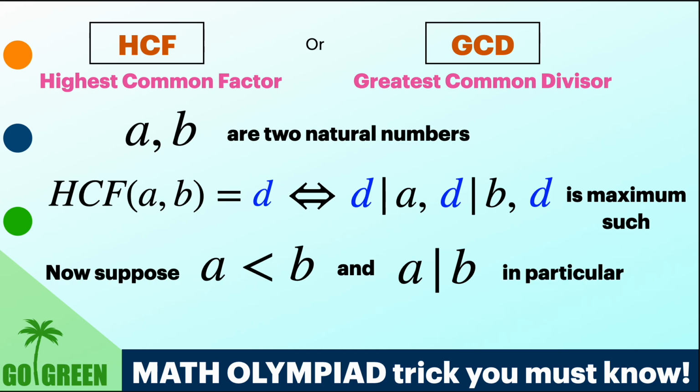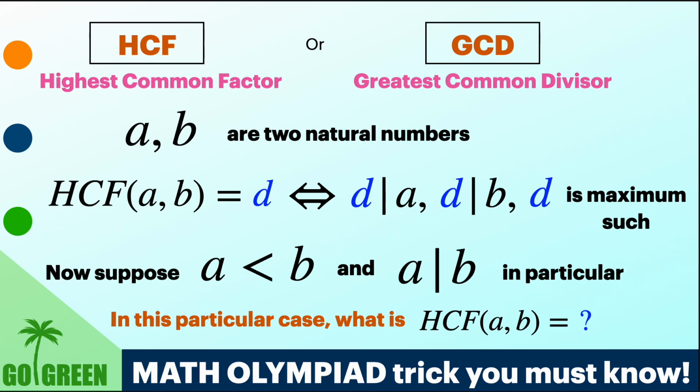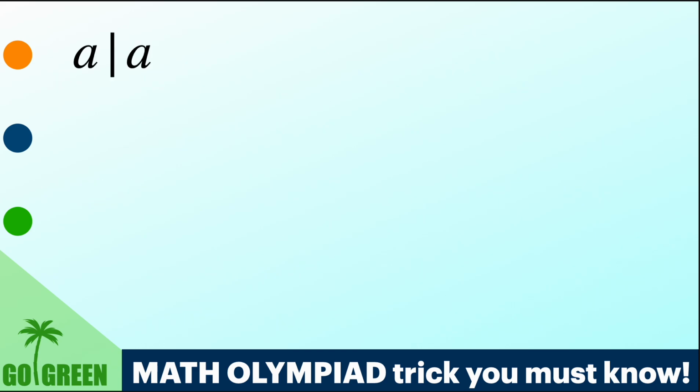So in particular, if A divides B, then what is the HCF of A and B? This is a very easy and fairly simple question, but let us still answer it. Any number A automatically divides A itself.